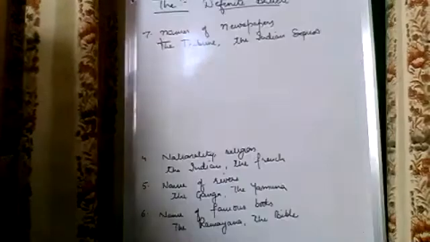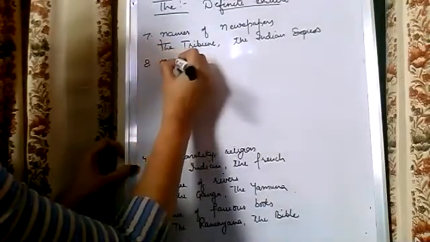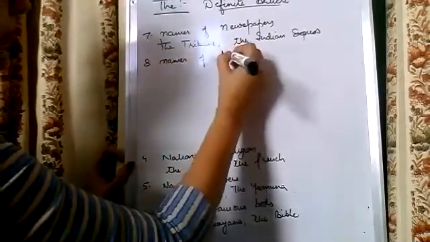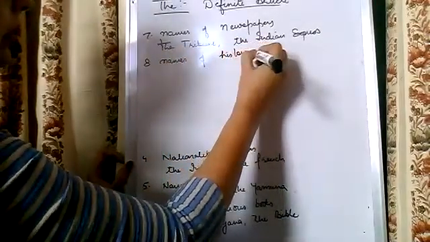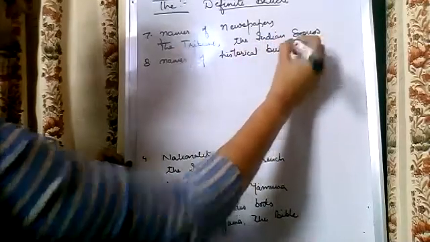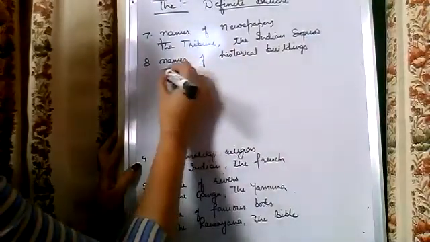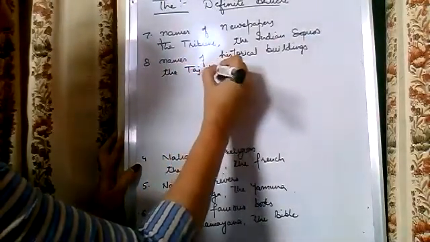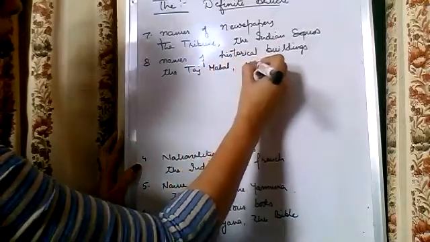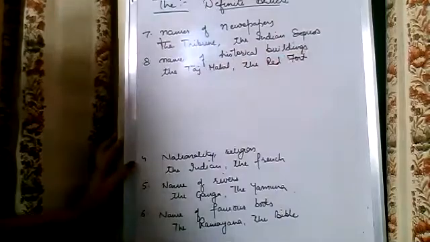Next, afterwards, we also use "the" with names of historical buildings. For example, the Taj Mahal, the Red Fort. These are names of historical buildings. We use "the."